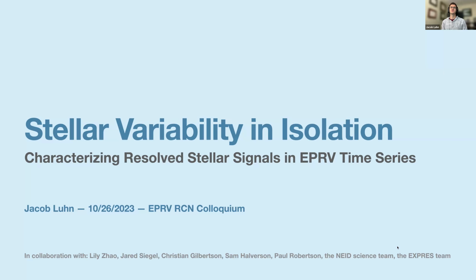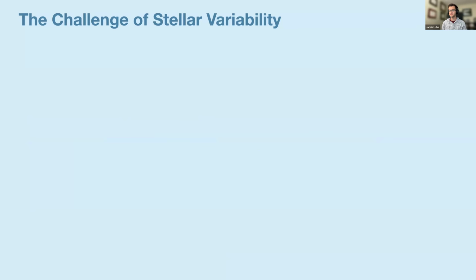And so as we're thinking about the challenge of measuring masses of habitable zone Earth mass planets, we're in an era now where the challenge mostly is stellar variability. That's the next big hurdle for characterizing these types of signals that we're looking for.